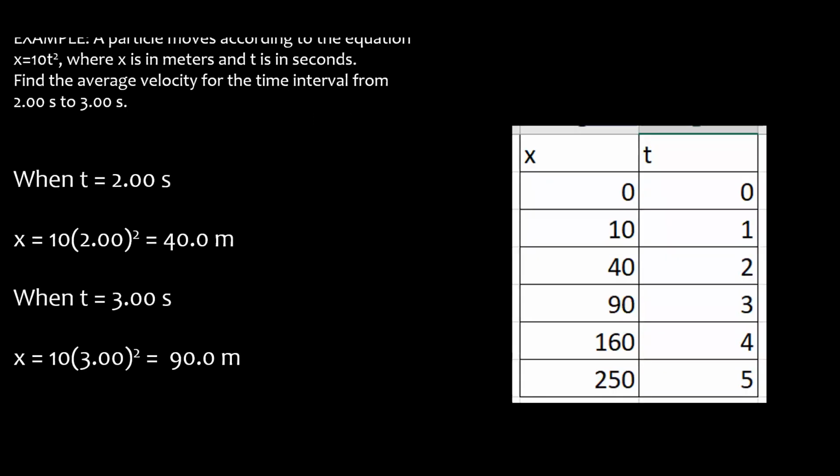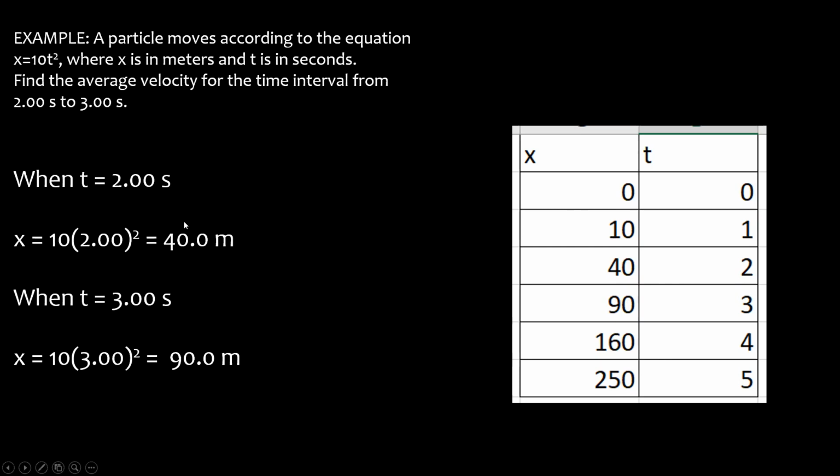In fact, we can come up with a table if we just substitute the values. If t is equal to 0, what is x? If t equals 1, x is 10, like this. I used Excel to do this.